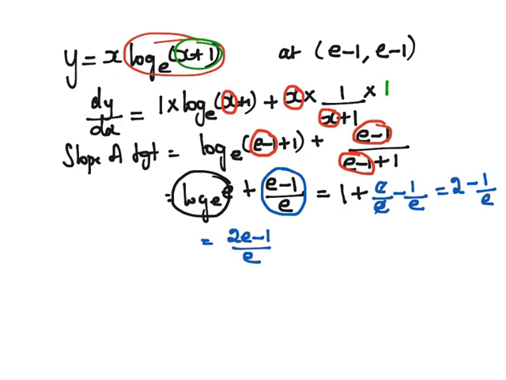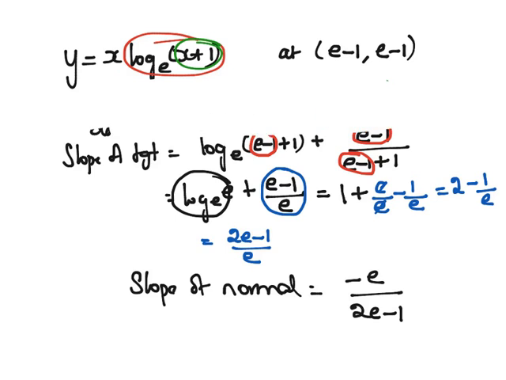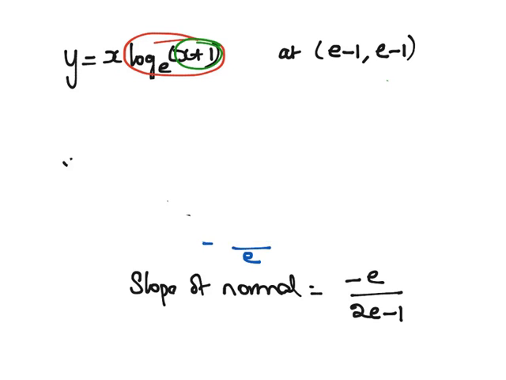So slope of the normal will be the negative reciprocal of this. So slope of normal will be minus e by 2e minus 1. Fine. Looks very complicated. Let us find the equation of the normal now. I need to rub this. Let's say I rub all these. Okay, so this is the slope of the normal.